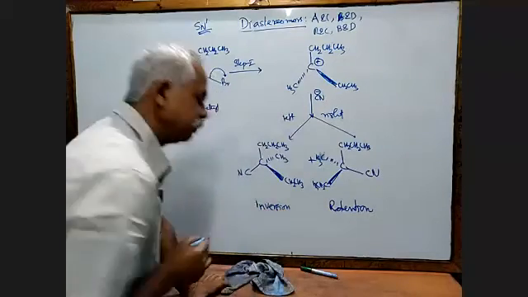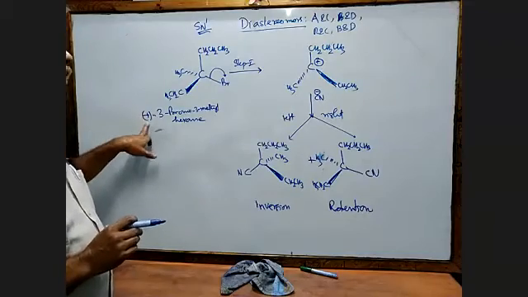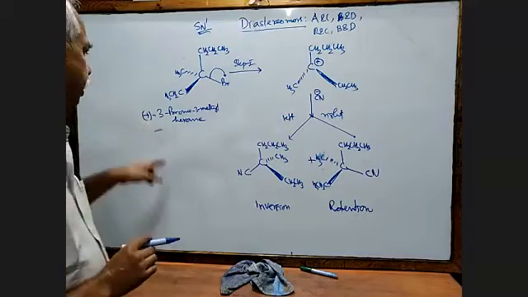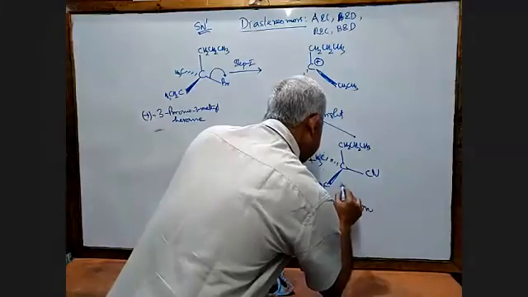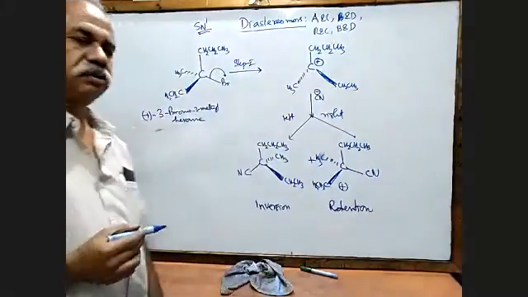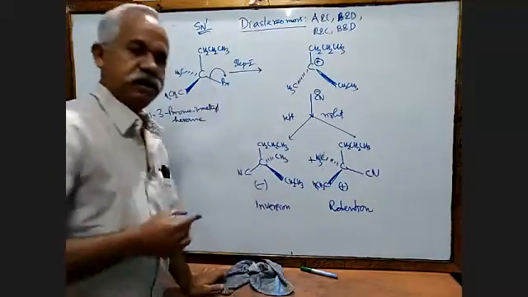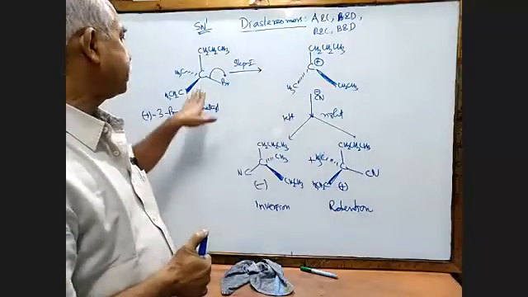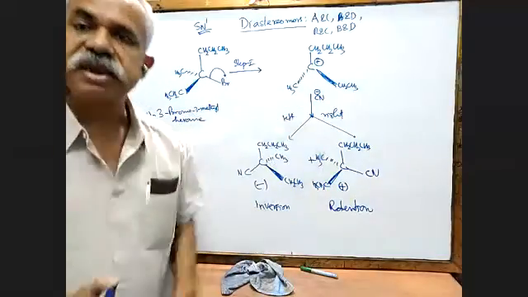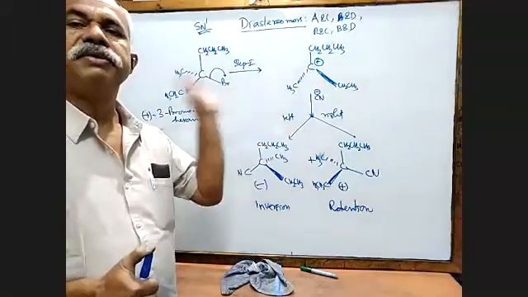Inversion. So initially what did we take? We have taken the dextro isomer. So it may happen that this also may be dextro. And if it is dextro, the other will be levo. So I have started the reaction with a specific enantiomer, either dextro or levo.